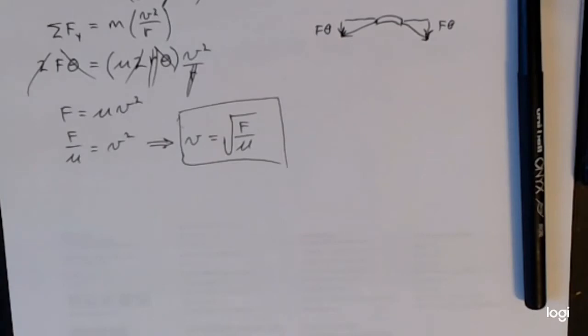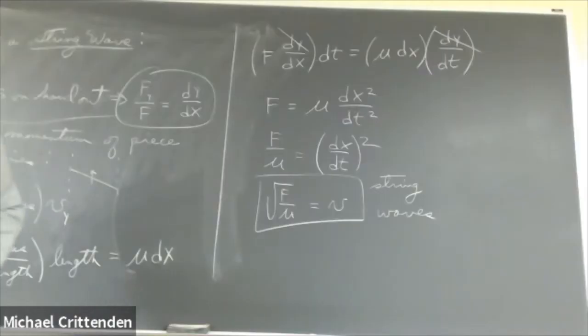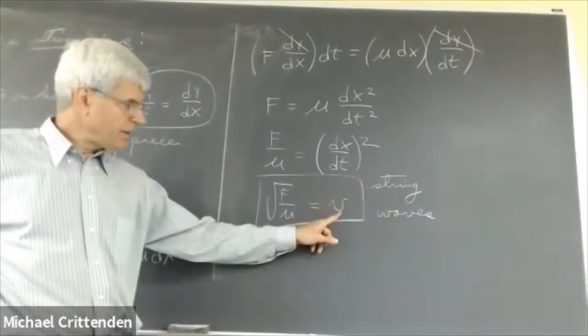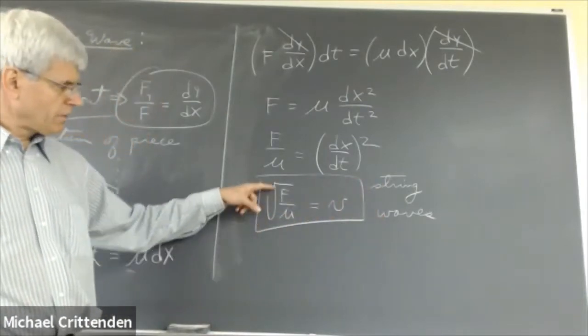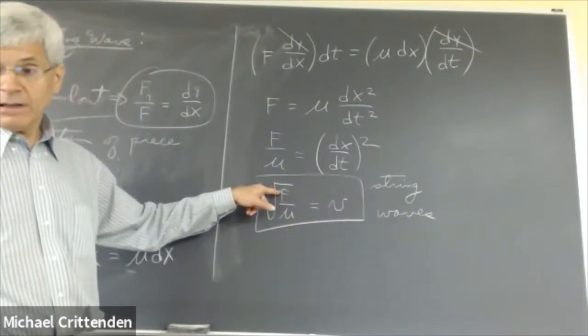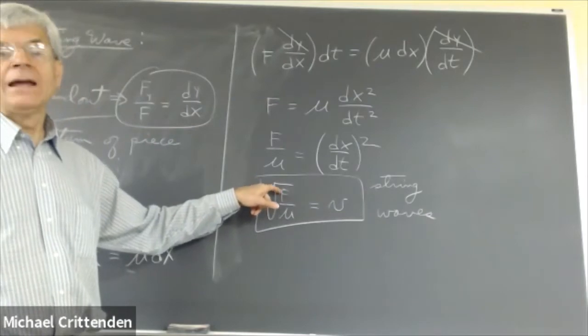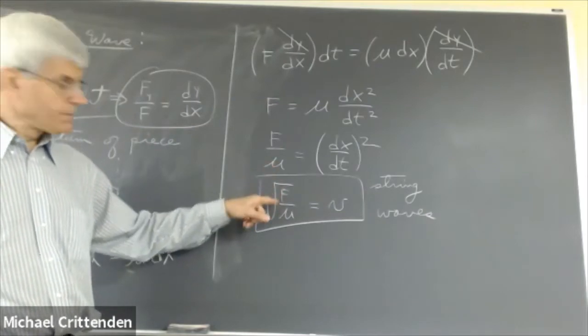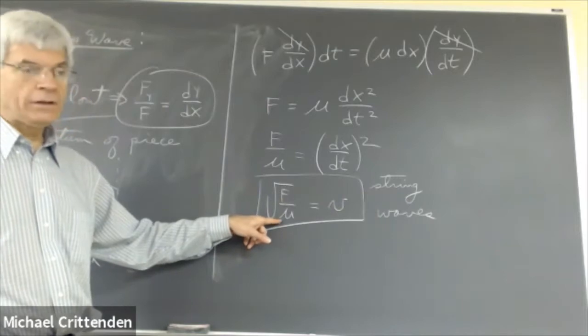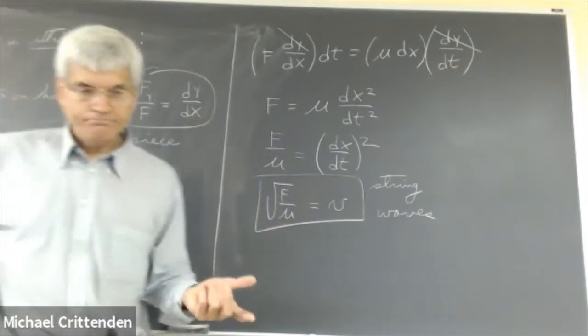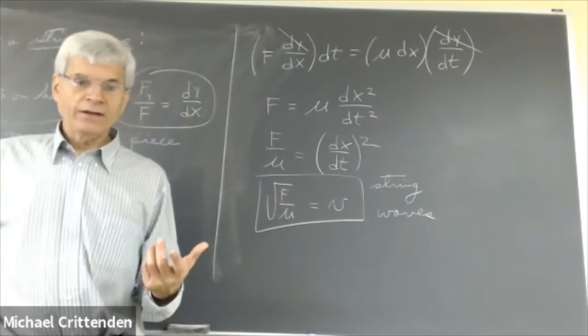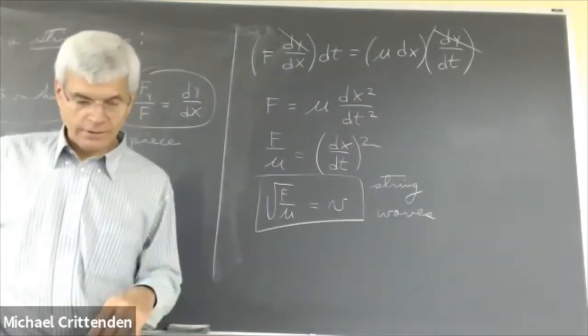So the speed of waves on strings is equal to the square root of F over mu. Here, the capital F is for force. That's the tension in the string. Mu is the linear mass density. So for example, let's say you're tuning your guitar, okay?